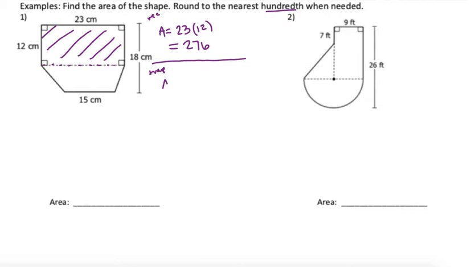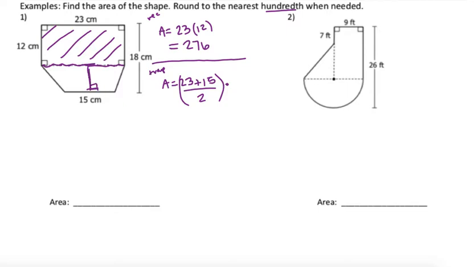The trapezoid area, we need base plus base divided by 2. So if I look, the base here of the trapezoid is that same 23 as the rectangle, plus 15 here. All of this times a height. Well, that 18 is all the way, and so I just want this measurement from here to here.